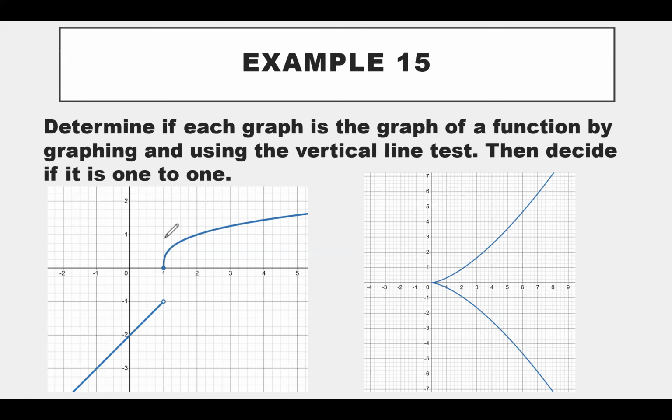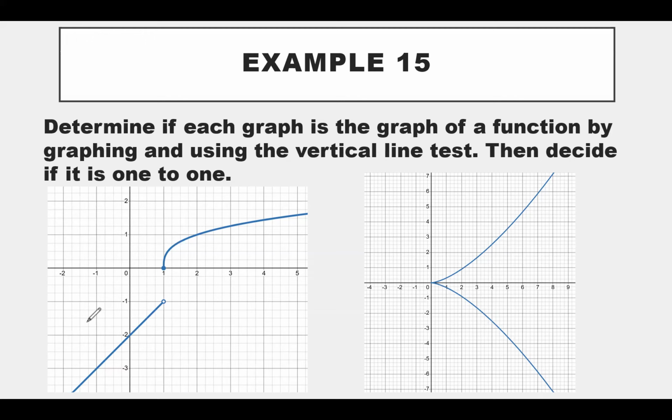If you draw a vertical line right through the x equals 1 value, this one's filled in, this one is not, so you only cross at one spot there as well. So this one is a function, this one on the left.